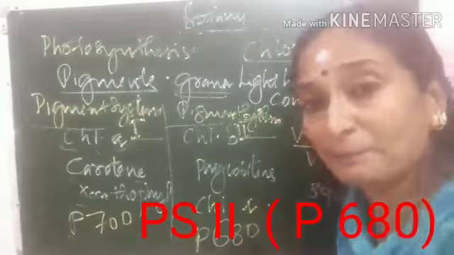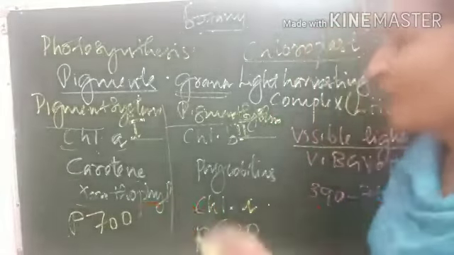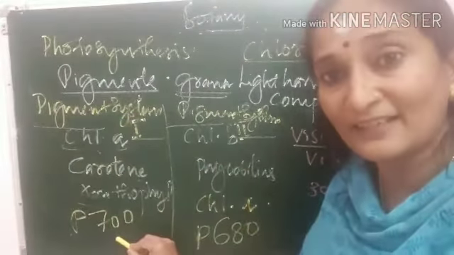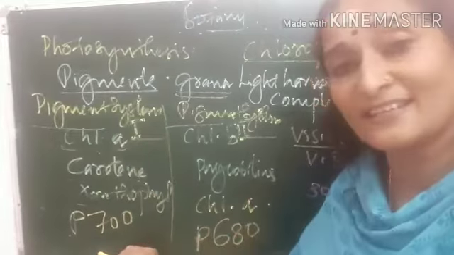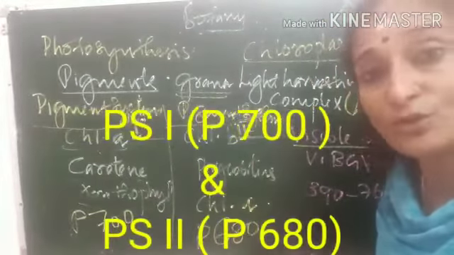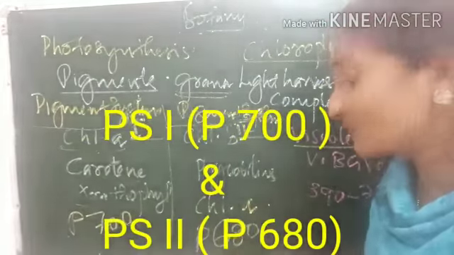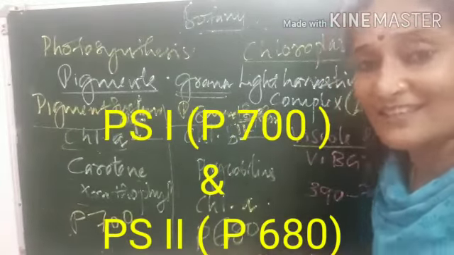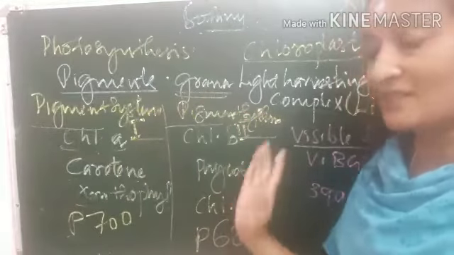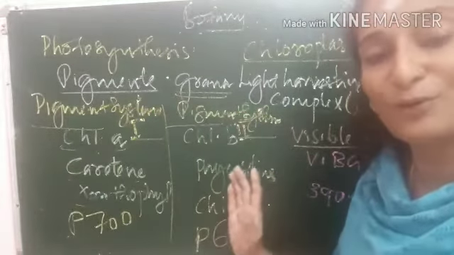P stands for pigment. So these are the two types of pigment systems present in chloroplast that help in photosynthesis.